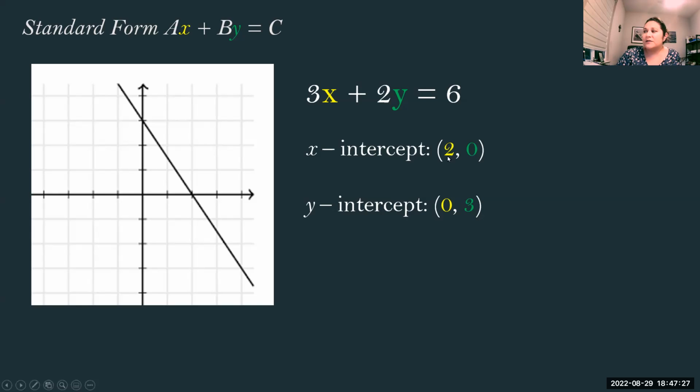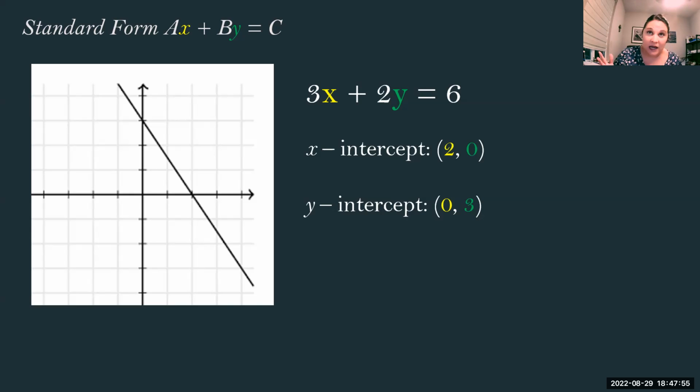The reason this 2 with the 0 makes sense is because 3 times 2 all by itself makes 6. And I can't say that 3x is by itself unless the y were gone. The way to make y be gone is to multiply it by 0, or let it equal 0, and then that part of the equation is not relevant anymore.